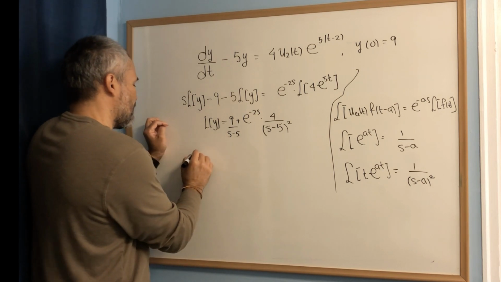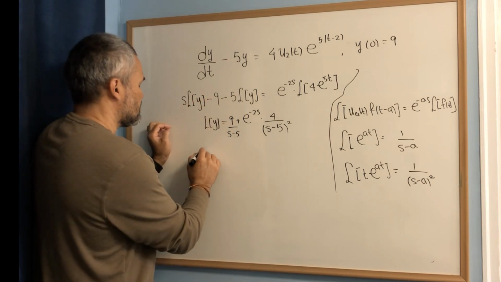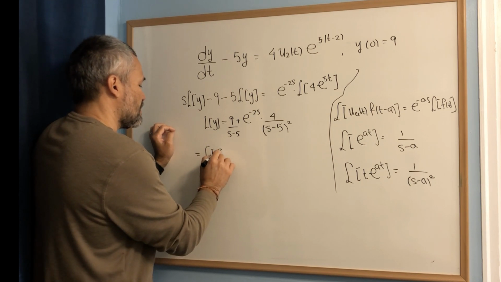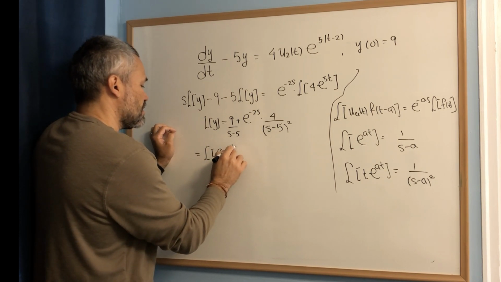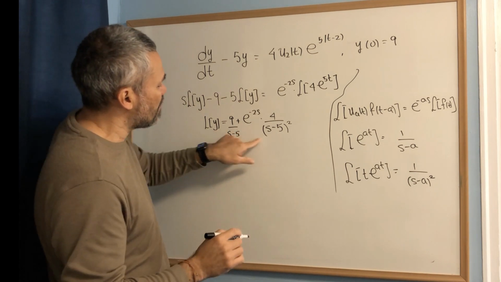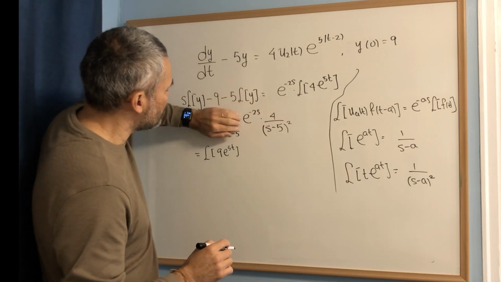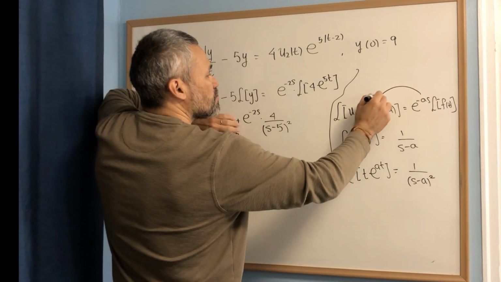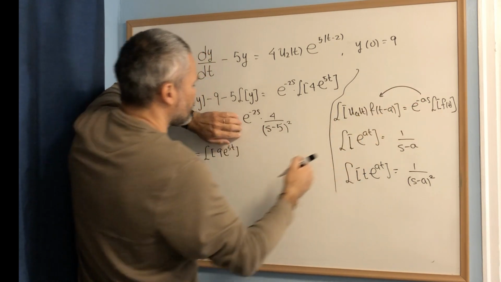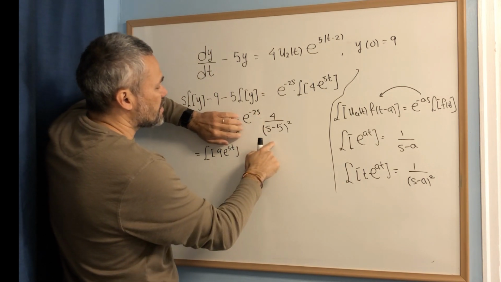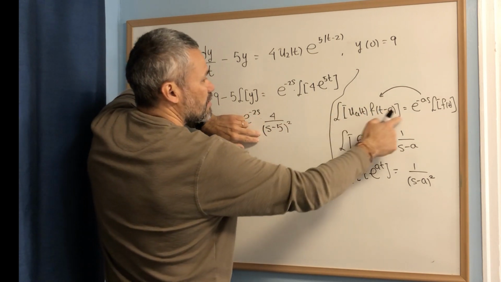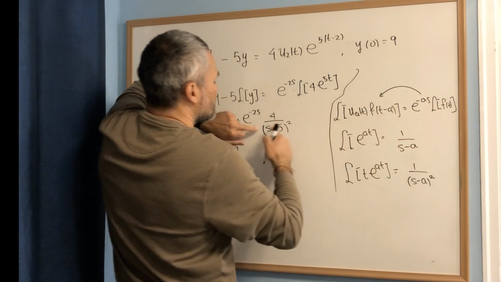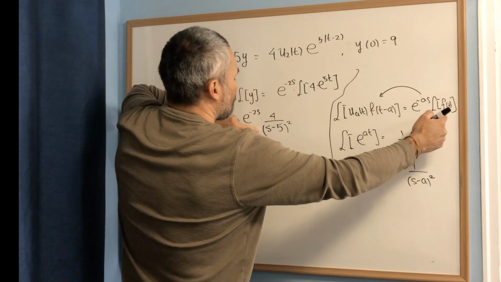Now we get that the Laplace transform of y, this is the Laplace transform of 9 e to the 5t. And in order to compute the inverse Laplace transform of this part, we need to apply this formula from right to left, and then we need to visualize the part that is multiplying e to the negative as. We need to visualize it as the Laplace transform of a function.